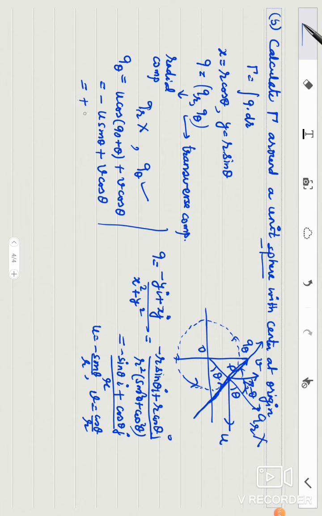Minus into minus becomes plus, so sin theta upon r into sin theta, and v is cos theta upon r into cos theta. Solving, I'll get only 1 upon r. So now I'll put it here. Gamma is equal to the integral of q theta, so it is 1 upon r into dr.